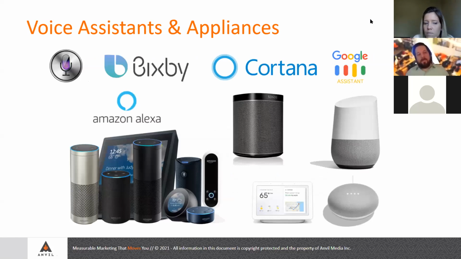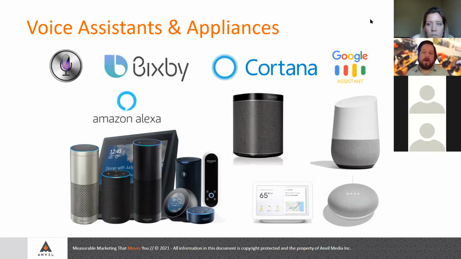So some of the top voice assistants, as I mentioned, are Siri, Cortana, Google Assistant, Bixby is another one, and Amazon Alexa. These voice assistants are really growing in popularity on all of our devices, whether it be our cell phones or our countertop speakers that we keep in the kitchen or around our living room.